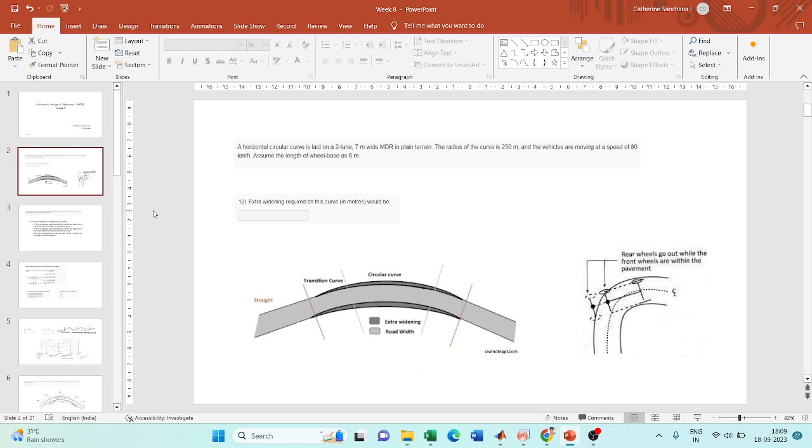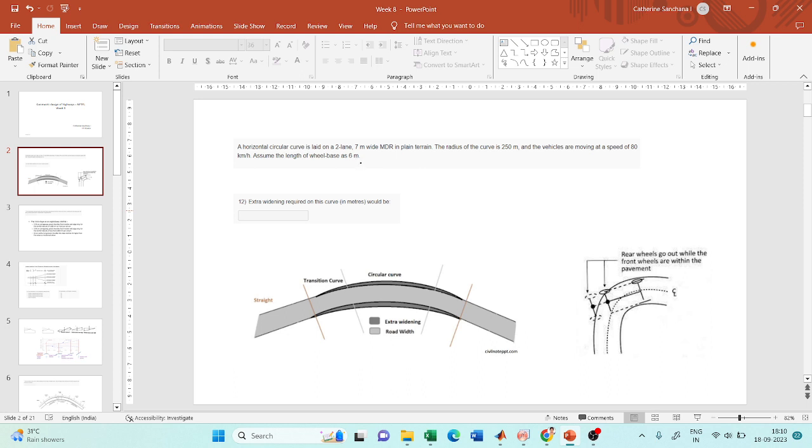We were solving a problem where we were asked to design the super elevation for a particular section of a road, for a horizontal curve.